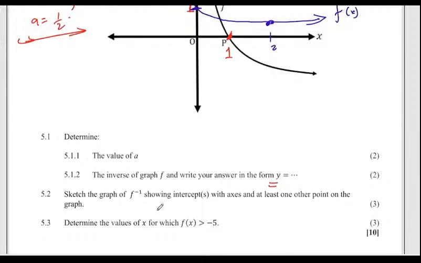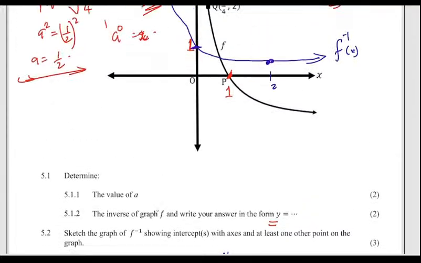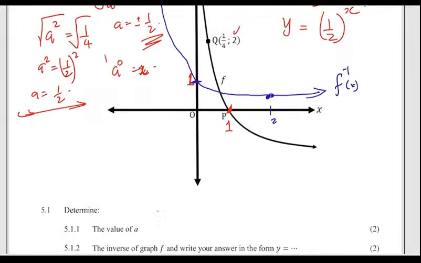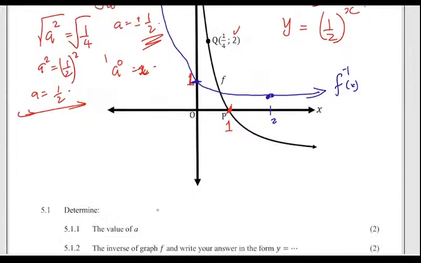Then determine the values of x for which f of x is greater than negative 32. For f to be greater than negative 32, I need to solve for x. Remember, we're looking at f, so I'm going to use the inverse. The inverse is telling me negative 5, so my y is going to be a half to the exponent of negative 5, meaning that my y is going to be 32.